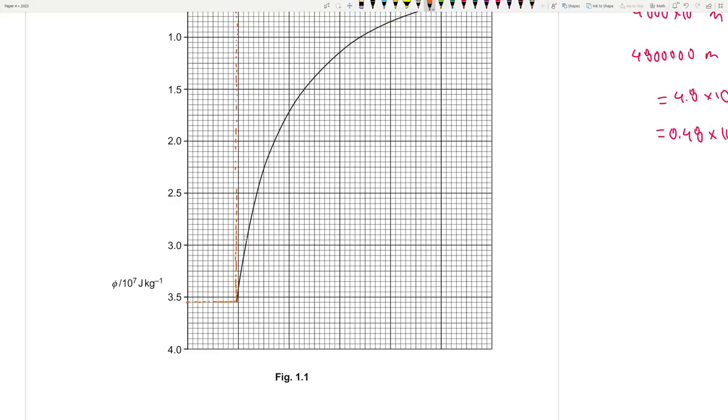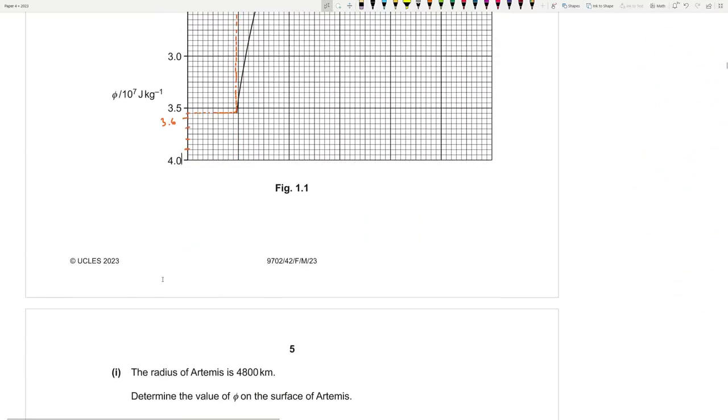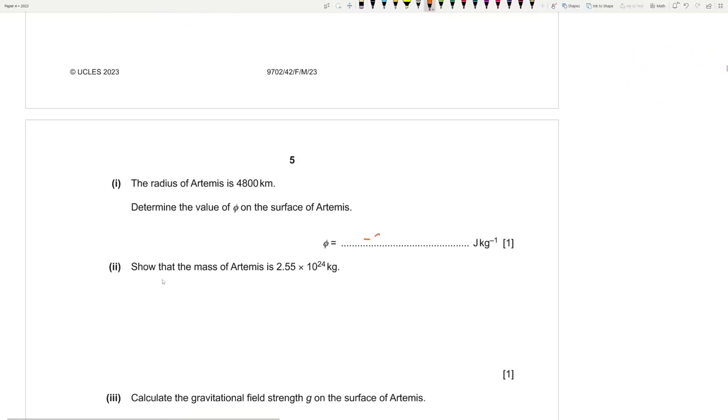It's over here, so this is 3.6, 3.7, 3.8, 3.9. My point is between 3.5 and 3.6, so it's at 3.55 into 10 to the power 7. But it's going to be a negative value, the minus sign must be included. Minus 3.55 into 10 to the power 7 joules per kg.